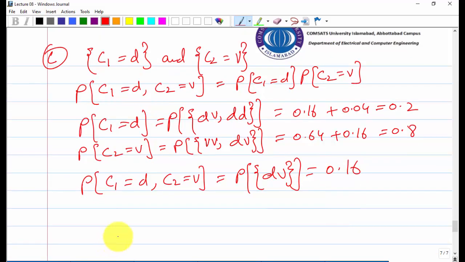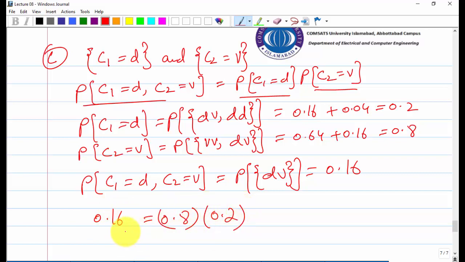Now putting these numbers back in this relation, what we get is 0.16 equals 0.8 times 0.2. So it means that these two events, C1 is equal to D and C2 is equal to V, are independent events.